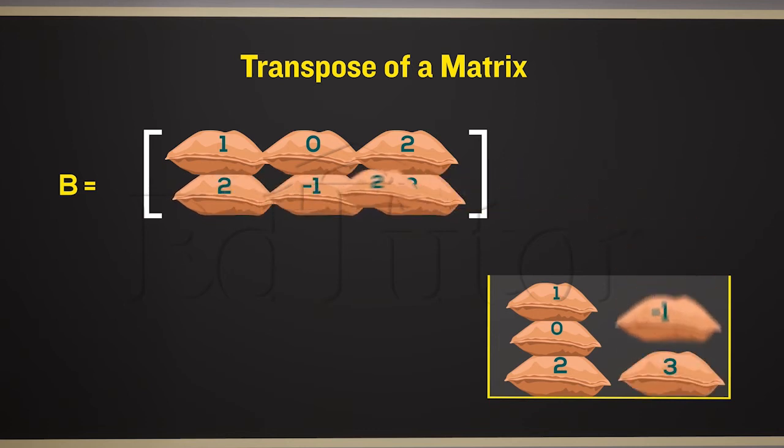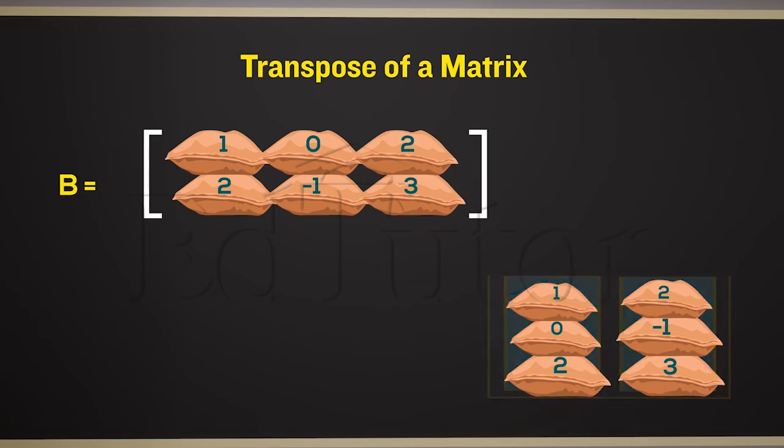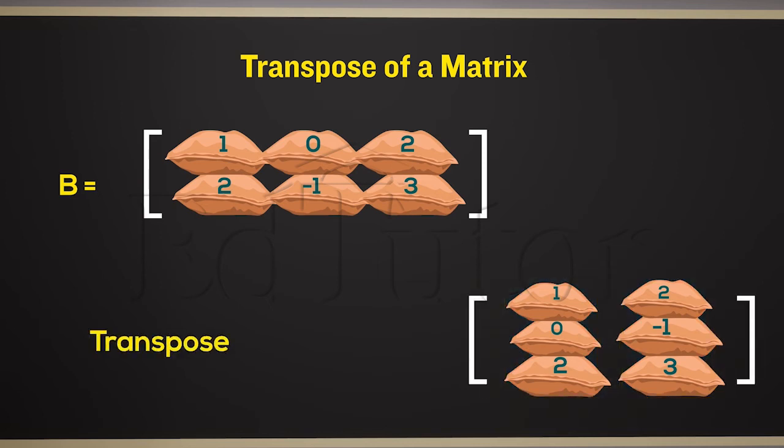Push, push, push till you land all the entries of the second row in this empty box like this. And before you know it, you have converted rows into columns one by one. This new matrix is the transpose of matrix B, represented by B with a small t in the superscript.